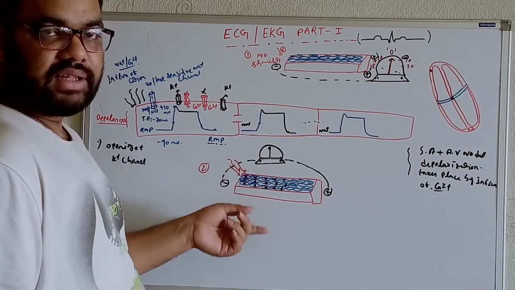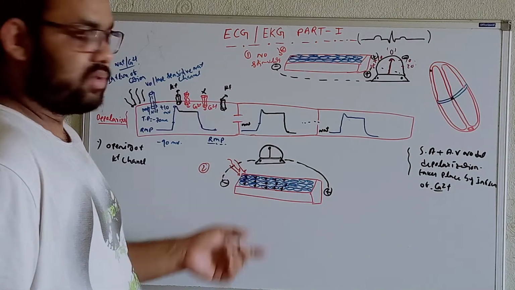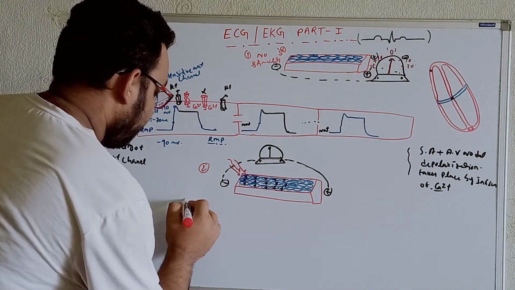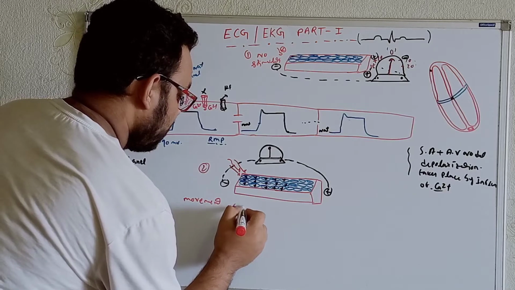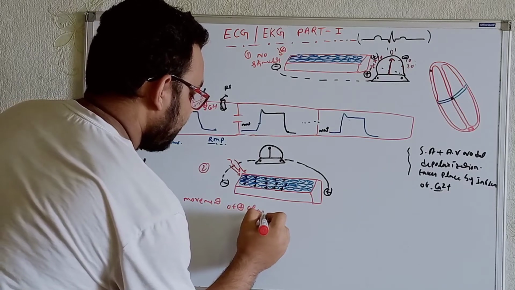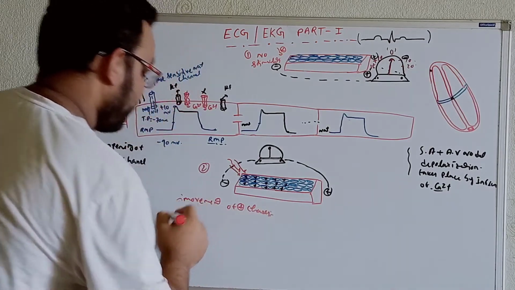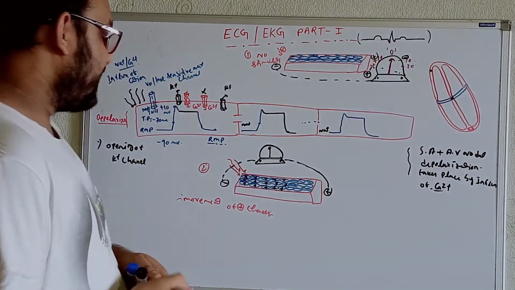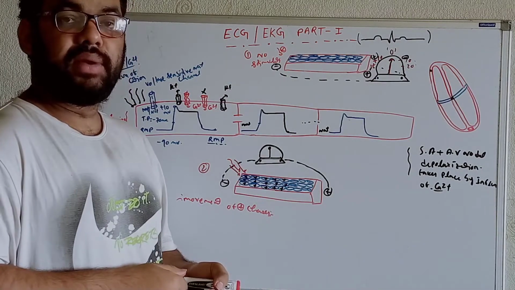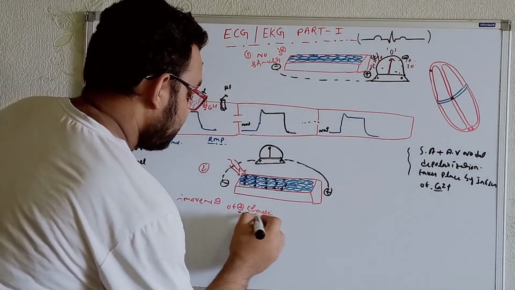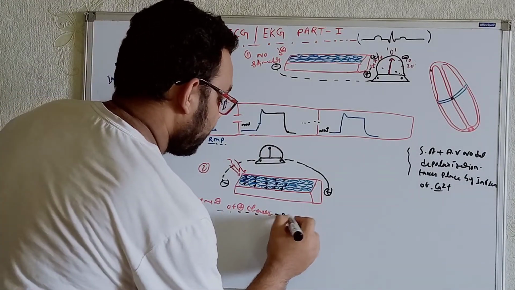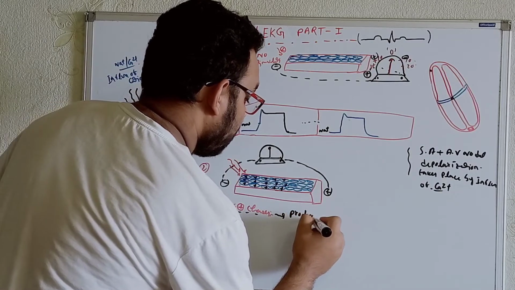Now, in this case, we are getting the movement of positive charges. As we know from physics, whenever we get the movement of charges, we see the production of electromagnetic force, right?